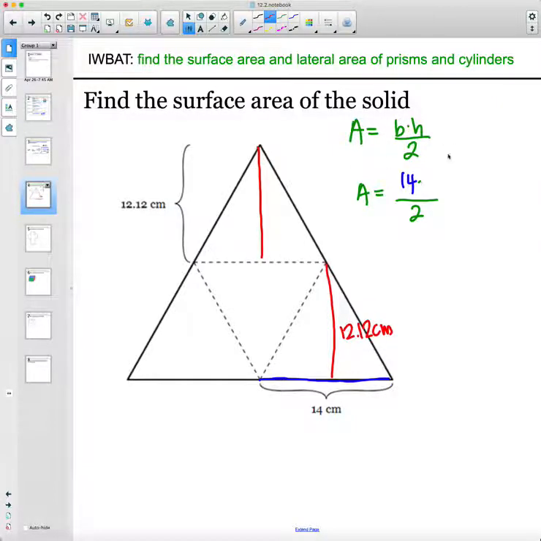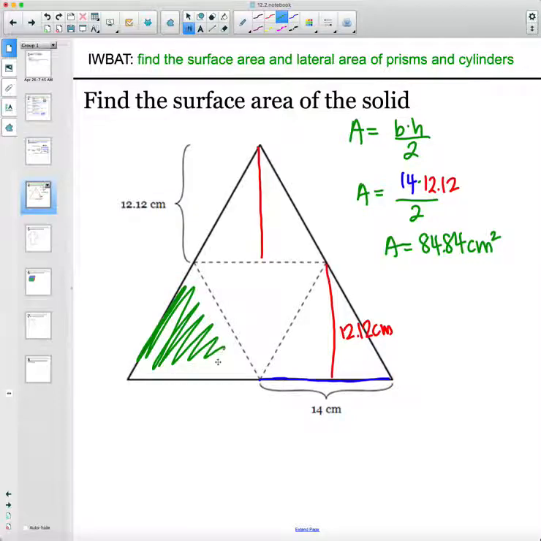So 14 times 12.12 divided by 2 is the area of one of these little triangles: 84.84 centimeters squared. And then we've got 4 of them, 1, 2, 3, 4, so we multiply by 4 to get the total surface area of this net, which is 339.36 centimeters squared.